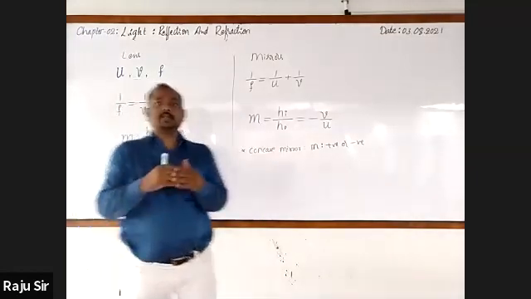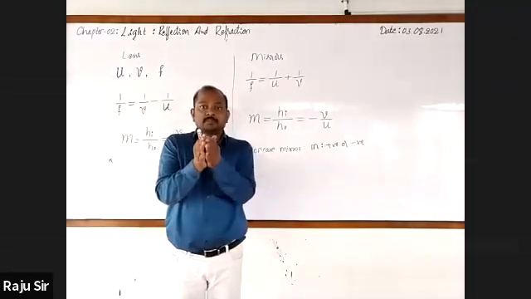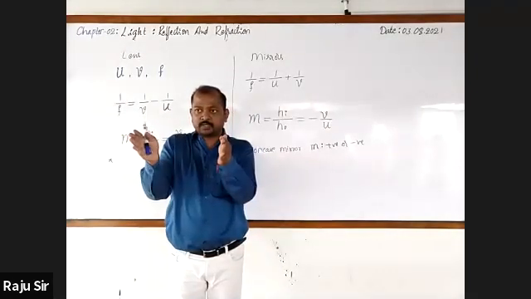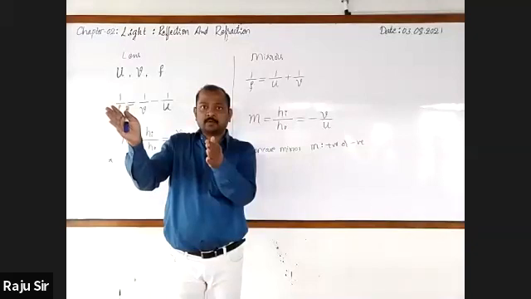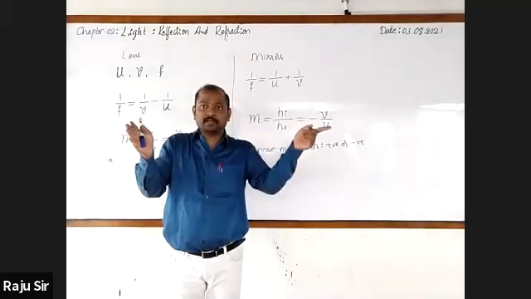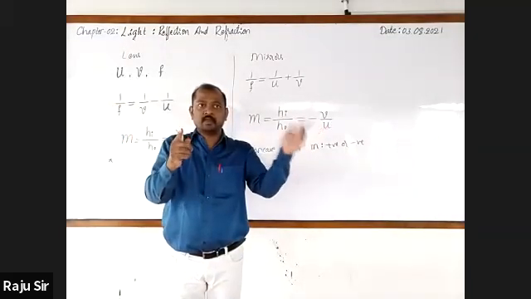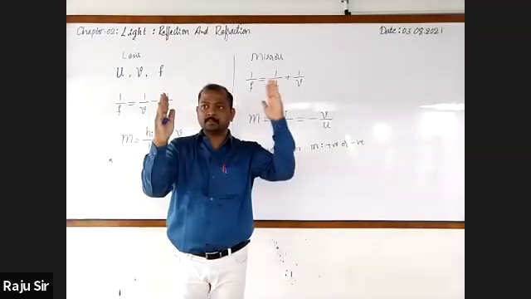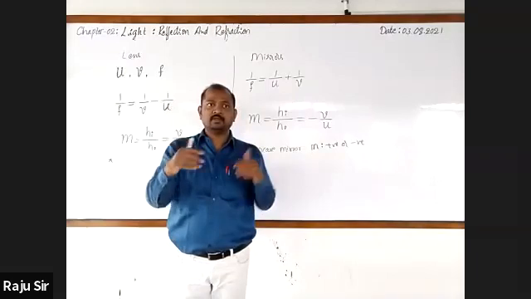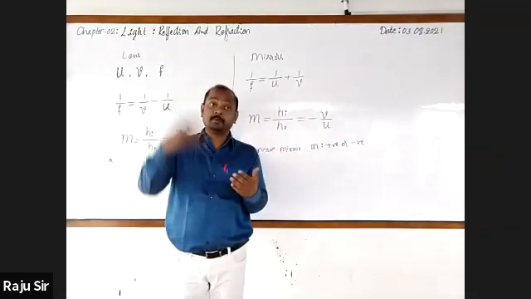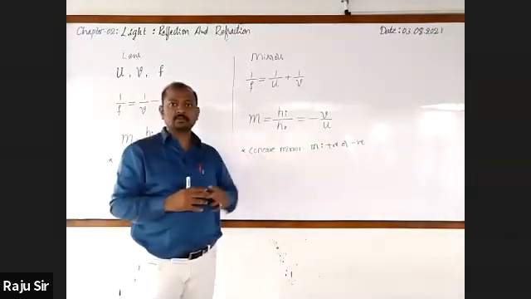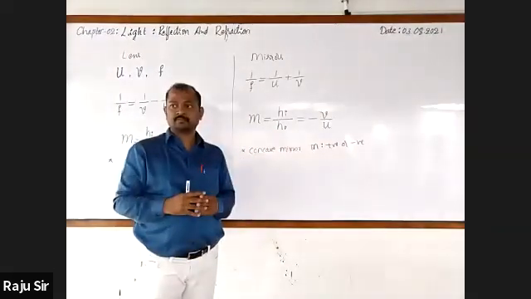It is positive when the object is placed between the pole of the mirror and the principal focus. The image is formed behind the mirror, and both object height and image height are above the principal axis, therefore both are positive. Positive by positive is positive.